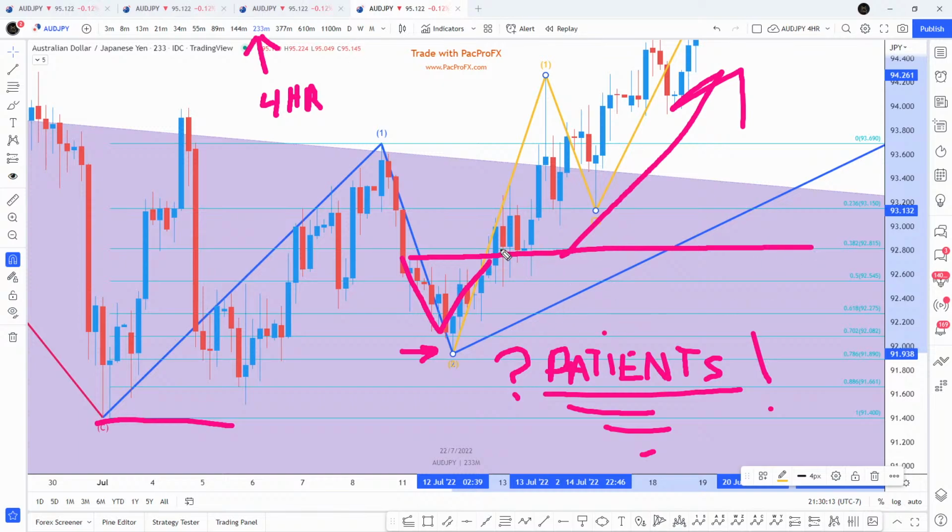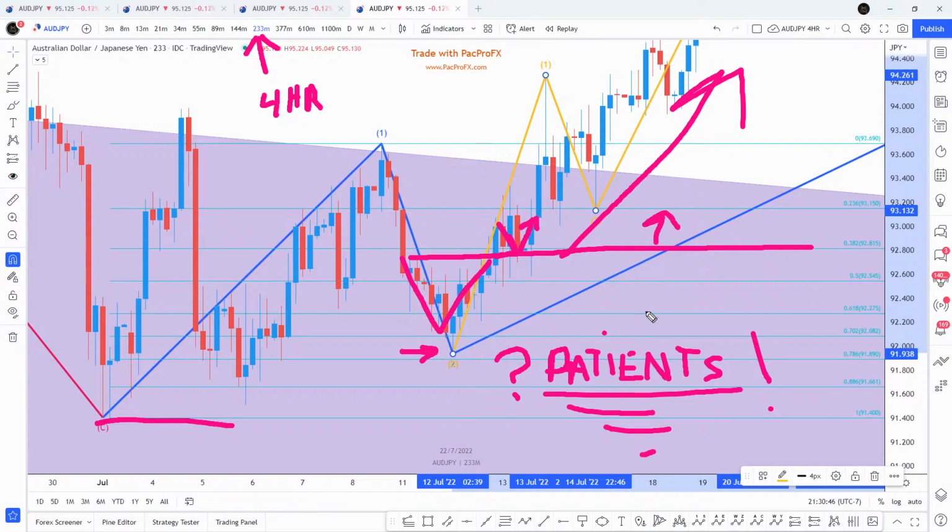If the body of the candle breaks, not just the wick, because this one wick broke out and came right back in, but this body closed above that structure, then wait for a little pullback like it happened here, and then you can go long. Once this structure gets broken with a candle body, you're good to go, and that's your okay for entry. That's as simple as it gets.